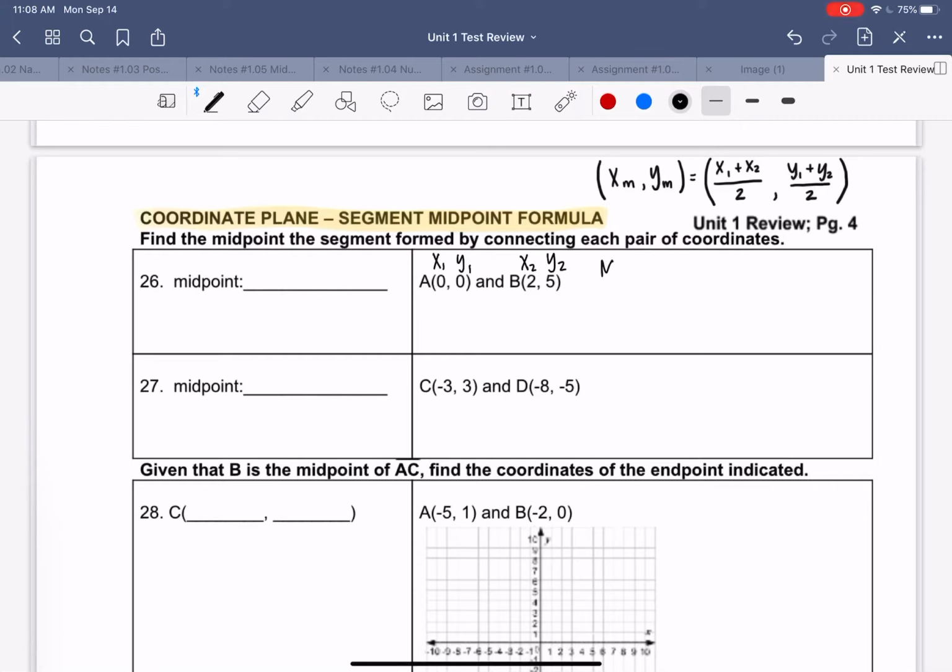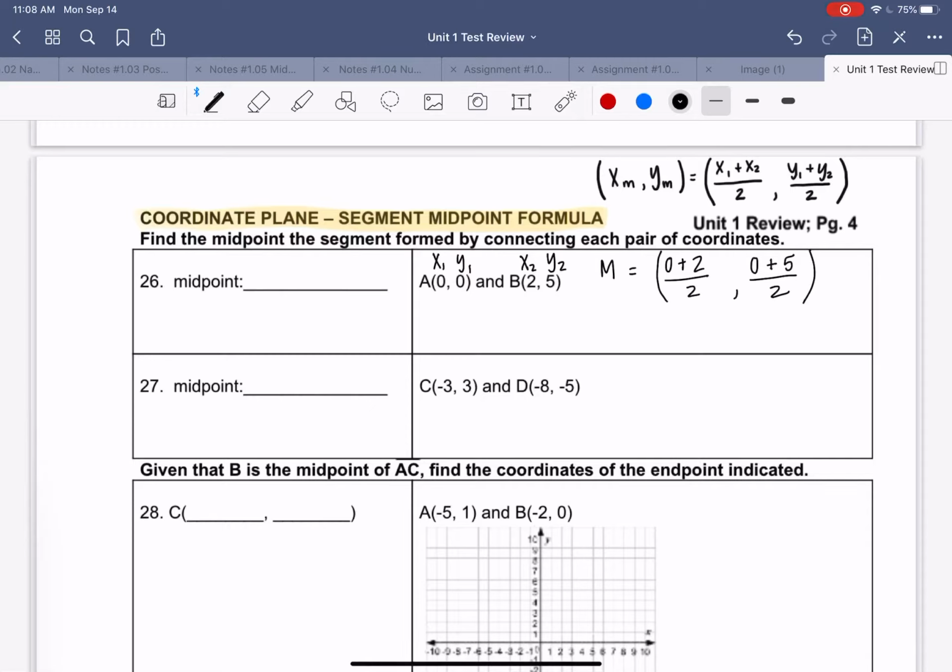So midpoint equals x1, which is 0, plus x2, which is 2, divided by 2, comma, y1, which is 0, plus y2, which is 5, divided by 2.